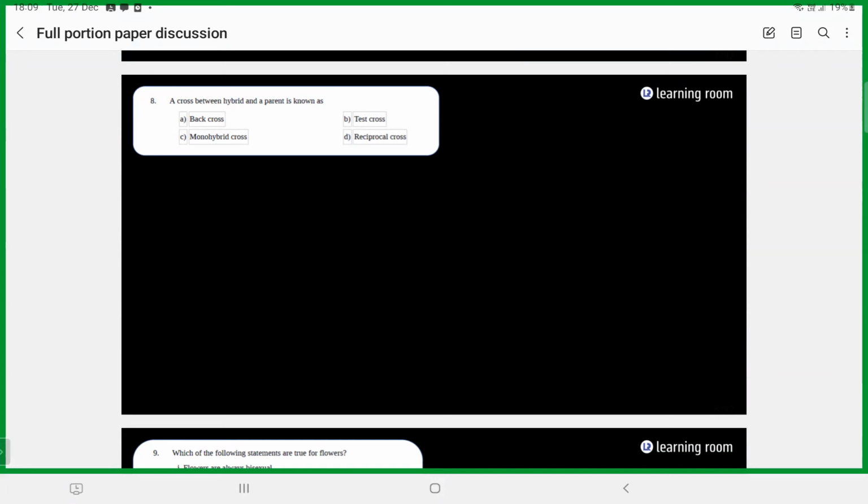So this is the first question. Question number 8. A cross between a hybrid and a parent is known as? Back cross? Okay, then what is test cross?